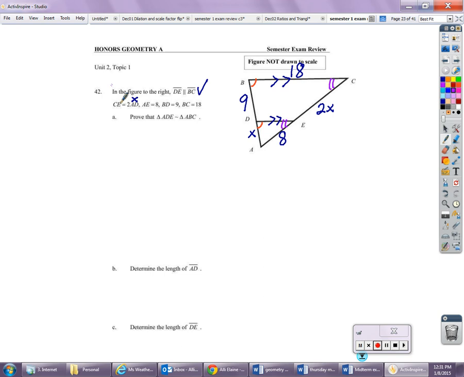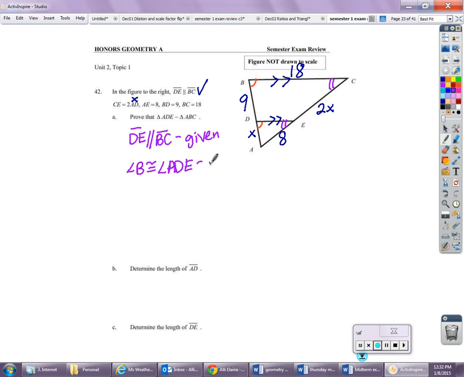Alright, so I'm going to say it's given that DE is parallel to BC, and angle B is congruent to, instead of saying angle D, I'm going to use 3 letters because there are 2 angle Ds, so I'm going to call it ADE.